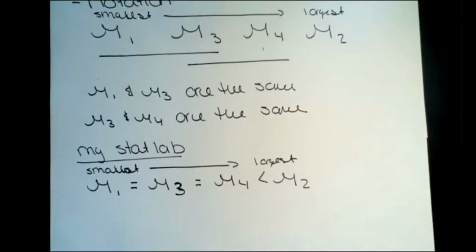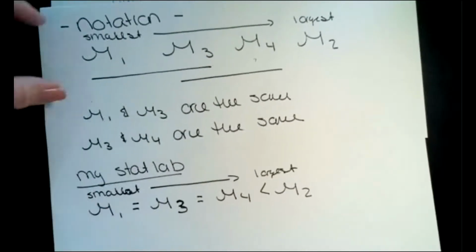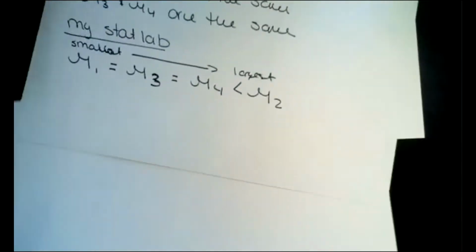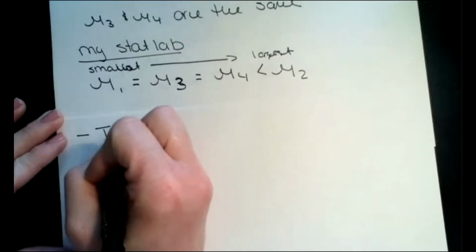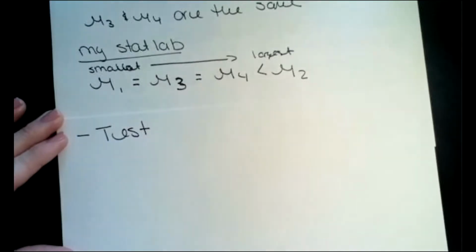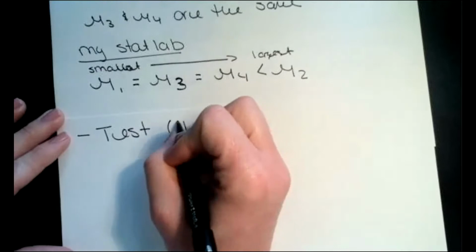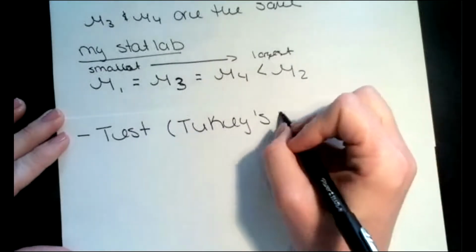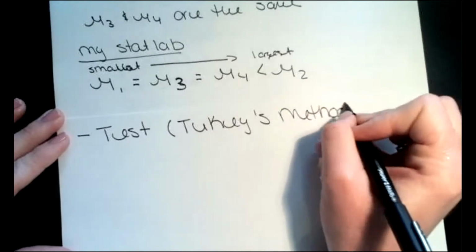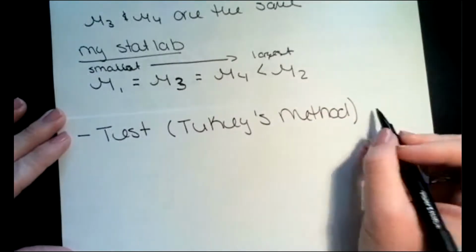Okay, so let's take a look at the testing process and the CIs, and I'll just put in writing what we just discussed by looking at that output. So this is the test for my Tukey's method.